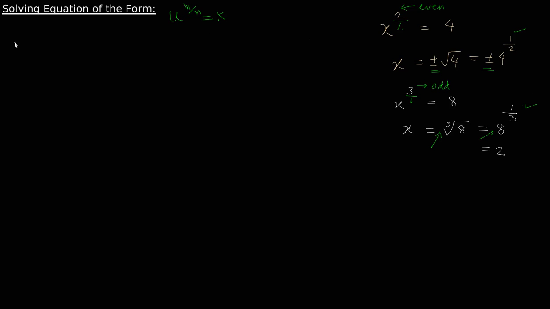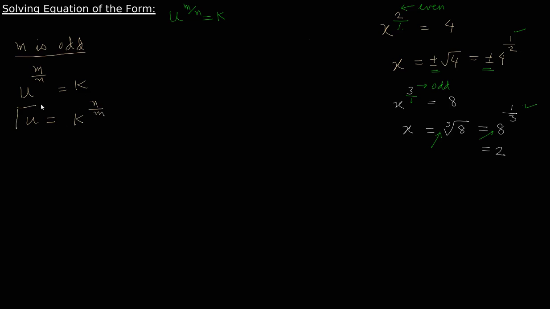So now let's look at here. If m is odd, then what would be the solution for u power m over n equals k? The solution u would be simply equal to k power n over m. So it flipped, and there is no plus minus sign.